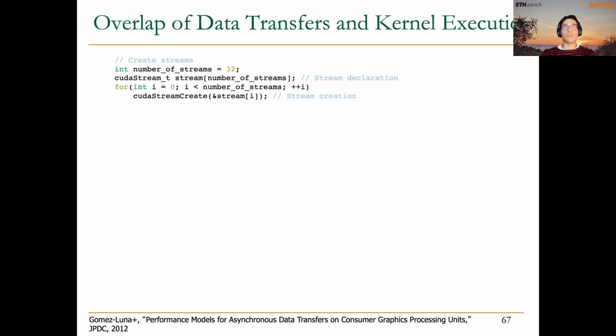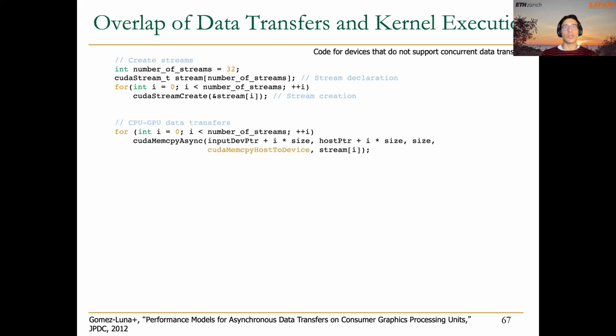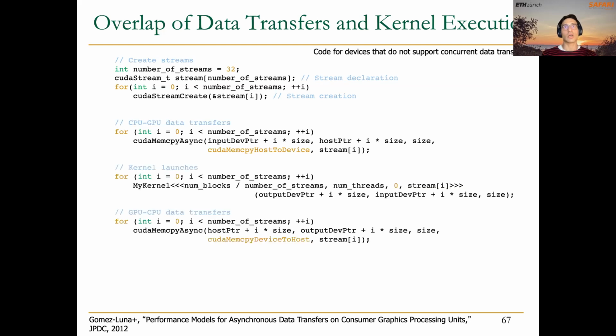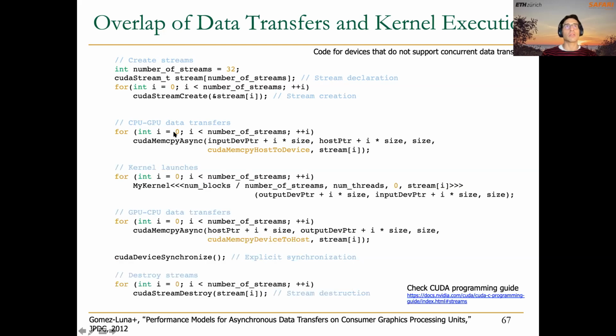And here you can see some sample code of how to do this. If you really want a good reference, just go to the CUDA programming guide. But as you see, streams need to be created before using them. Then we can launch the asynchronous transfers, in this case using cudaMemcpyAsync. Notice that one of the parameters of cudaMemcpyAsync is the stream number.